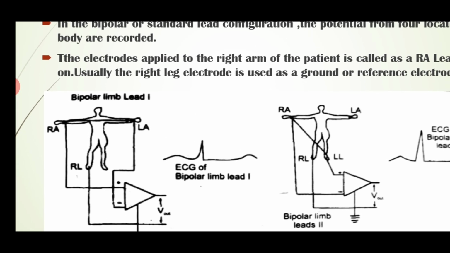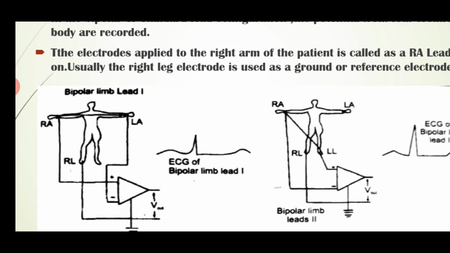In the first lead configuration, the right leg is used as a reference, and they connect the electrodes for the right arm and left arm. For lead 1, the right arm is given to the positive of the amplifier and the left arm is given to the negative of the amplifier.